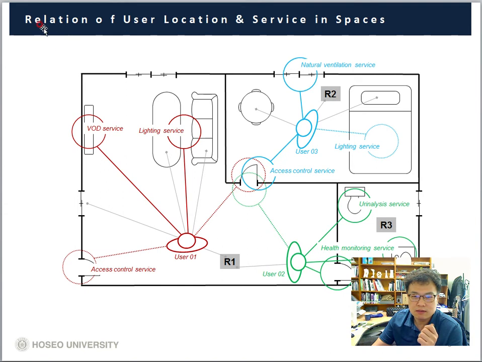This is the relation of the user location and service in space. As I previously stated, in a space there are many components, devices and users. They all connect with each other. These are meaningful connections, so we can call it semantic information.